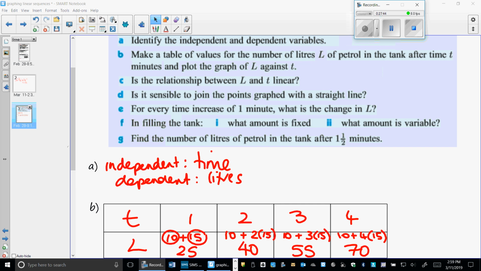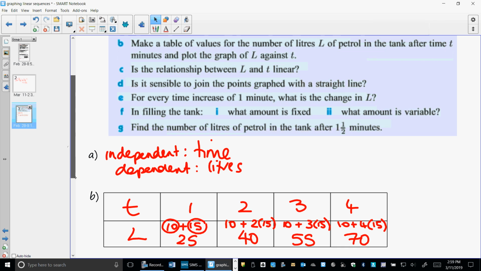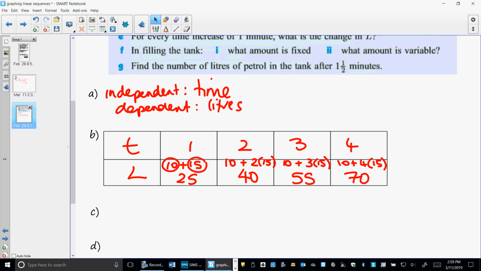Alright, so part C says, is the relationship between L and T linear? Well, the things that we've been doing up until now have all been linear patterns, because remember the gap between them has always been the same. So we need to have a little look. Is the gap or the difference between them the same?